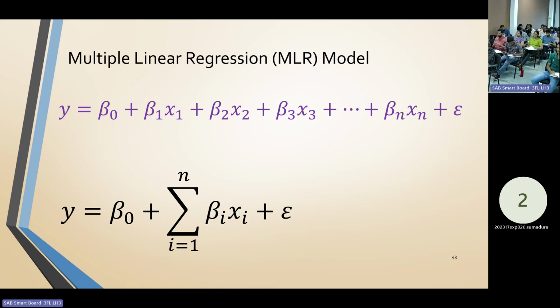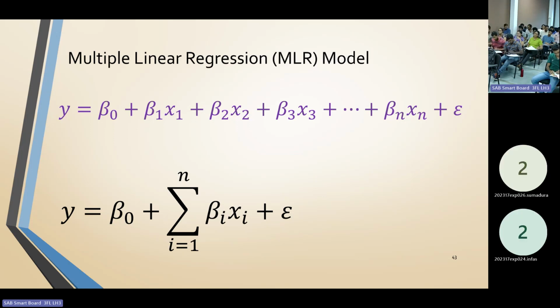Now we know the simple model: you take only that part, one predictor and one response, plus the error term. Now we have several predictor variables, n predictor variables, so we extend the idea.